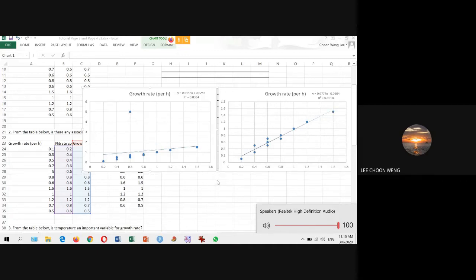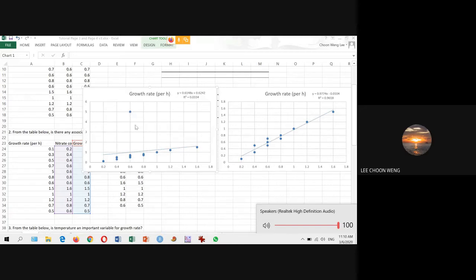Understand? Which means your final graph is still this, but you show people that you have this data here, but you do not consider it in your analysis because it is an outlier. So that is the proper way of doing it.